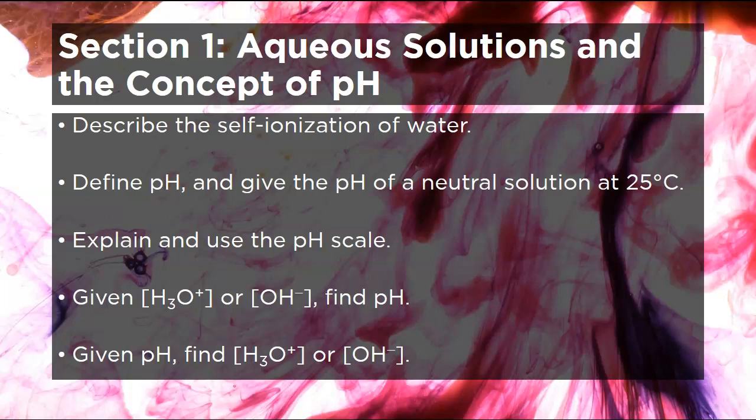So we're going to talk about ionization of water, how it ionizes into those two ions we've been talking about, the hydronium and the hydroxide. We're going to define pH and use the pH scale. We're also going to do some calculations where, given the concentration of hydronium, we're going to be able to find pH or the concentration of hydroxide.